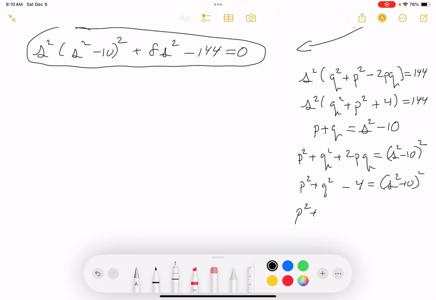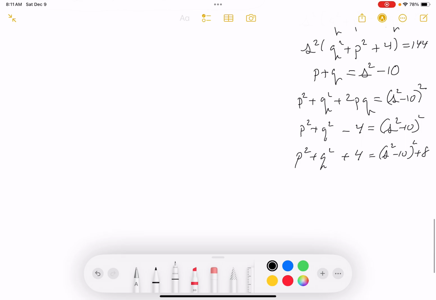So p squared plus q squared. If you add 8, this would be plus 4. And by the way, I do see that. All right, I do see that. And this is going to be s squared minus 10 quantity squared. And I added 8, right? So I put plus 8 down. I guess the next thing I can do is multiply both sides by s squared, right?